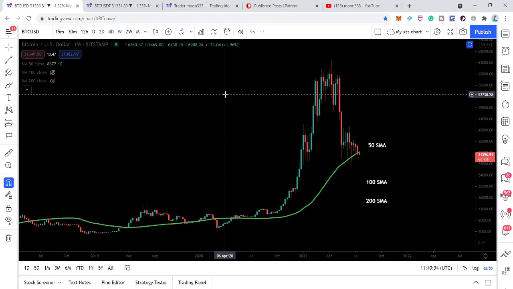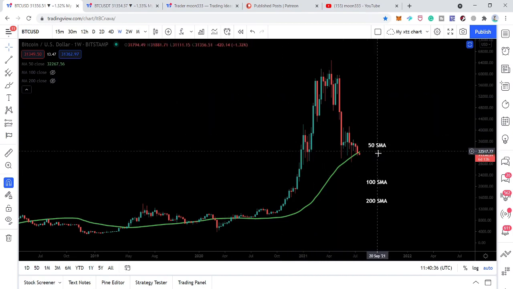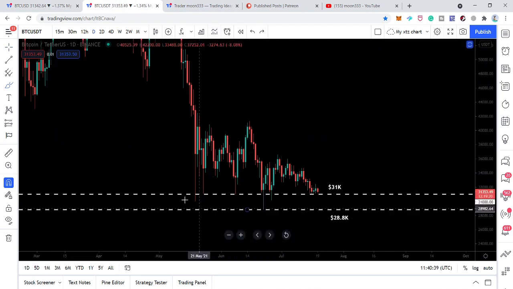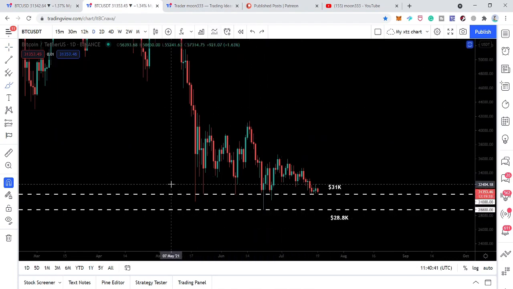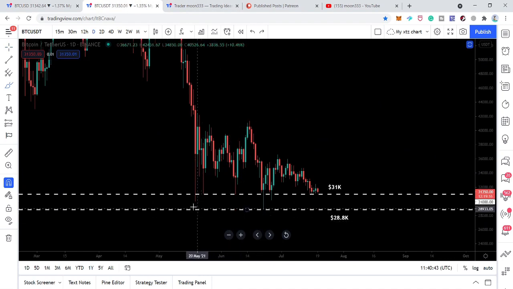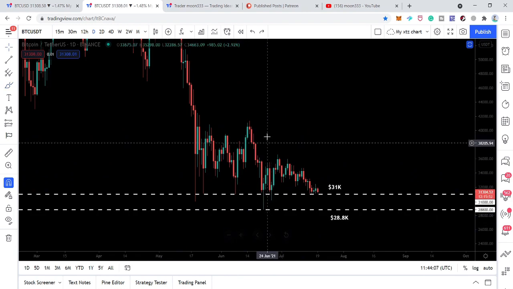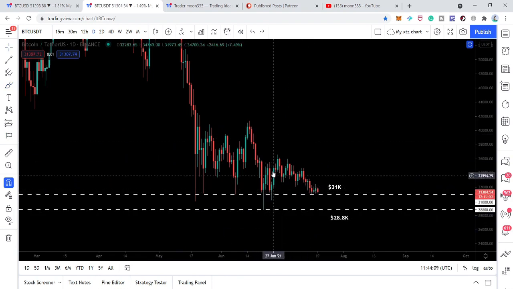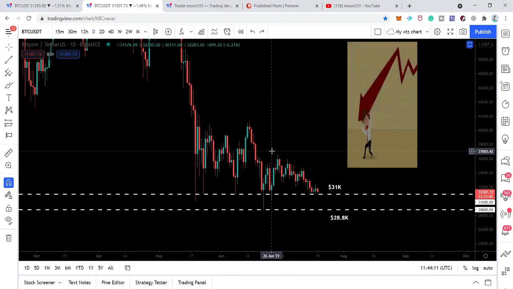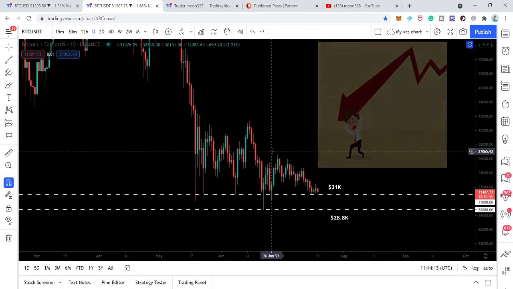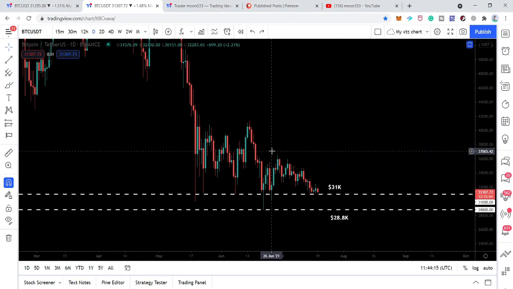So unless this support zone is broken down on the weekly time frame chart, I'll be looking at the weekly time frame chart. Most of the people are looking at the daily time frame chart closing below this zone. I'll be looking for the weekly time frame chart to close below this zone. Then we can consider that the Bitcoin has entered a bearish trend on the long-term weekly time frame chart as well. So this was the update so far.